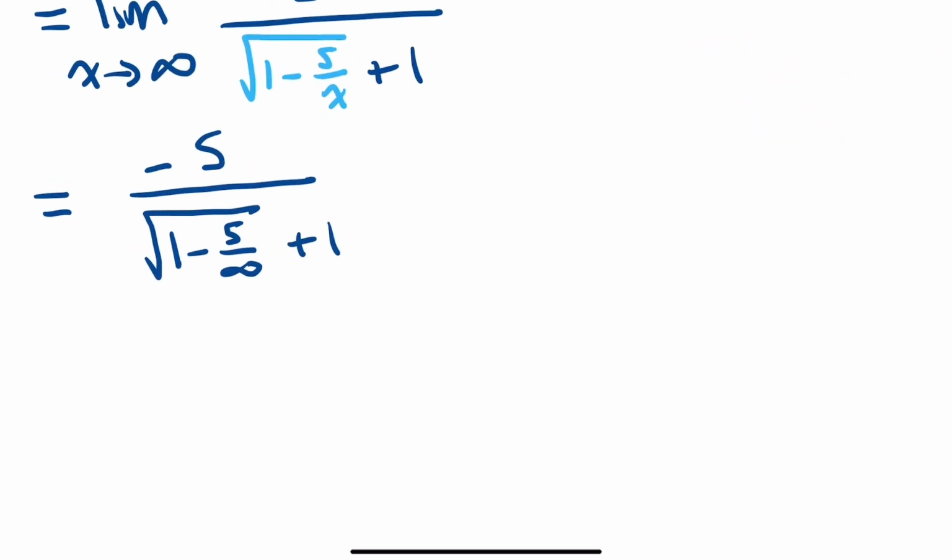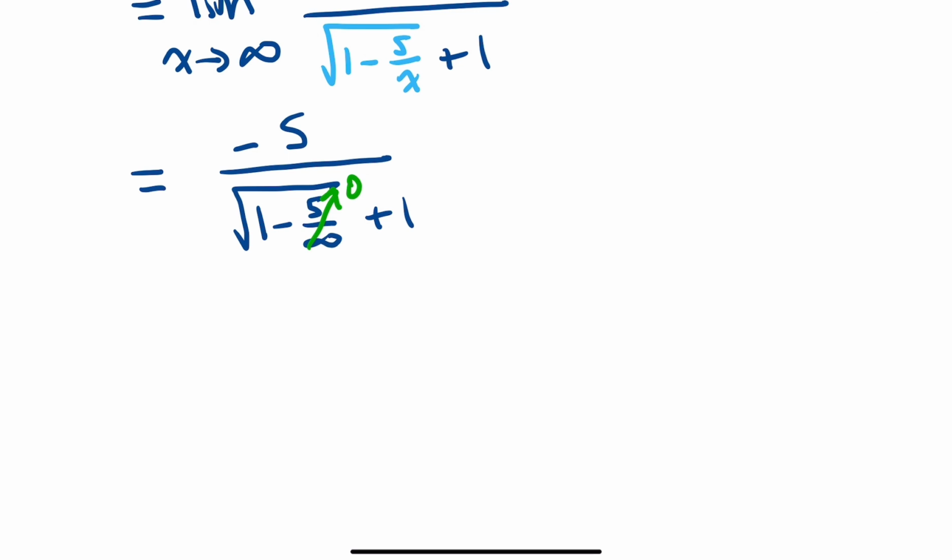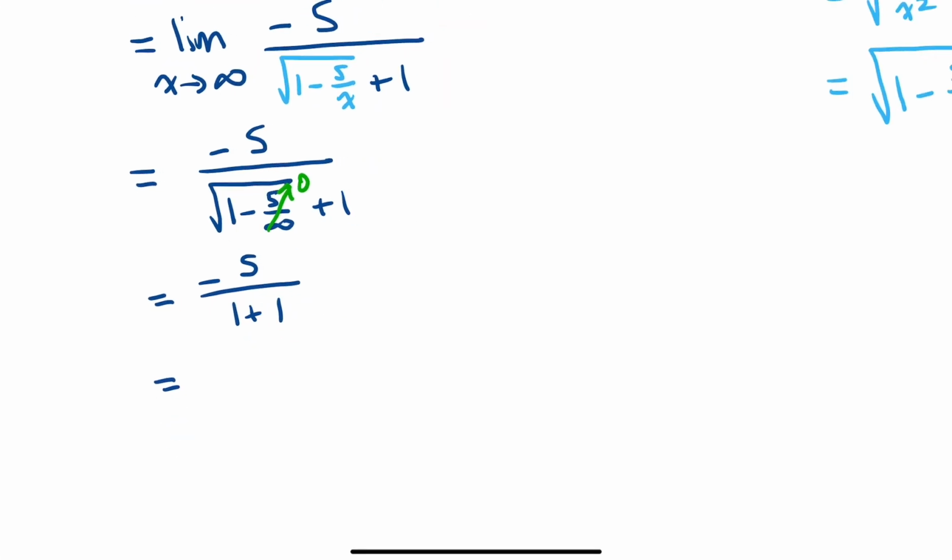And so what happens to 5 over infinity? Well, this is just going to approach 0 because you have a small number divided by a huge number. And so this is now going to give me negative 5 all over 1 plus 1, which is just negative 5 over 2. And so this would be your final answer.